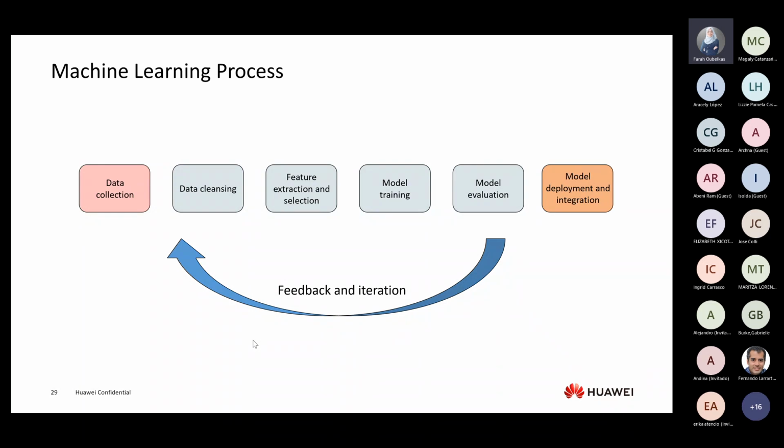But in the machine learning process, we can go from model evaluation, see that the model has bad results or poor performance, and have to go back to data cleaning because, for example, we forgot to clean some of the data, or maybe we cleaned it in the wrong way.